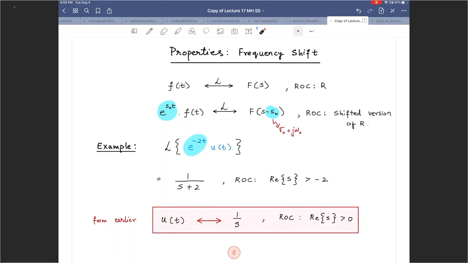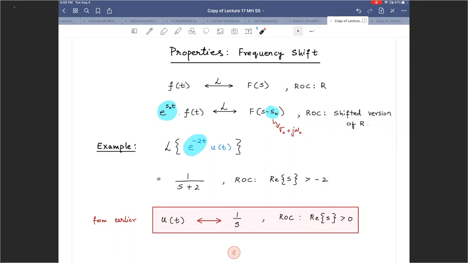So in the s domain, we are going to replace s with s plus 2. So 1 over s becomes 1 over s plus 2. Earlier, ROC was greater than 0. Now with this, the region of convergence is going to be sigma greater than negative 2. And you can use that earlier result of e to the negative at u of t to validate this example.